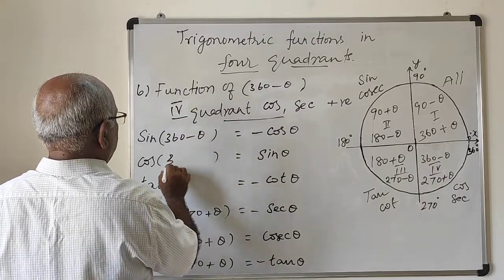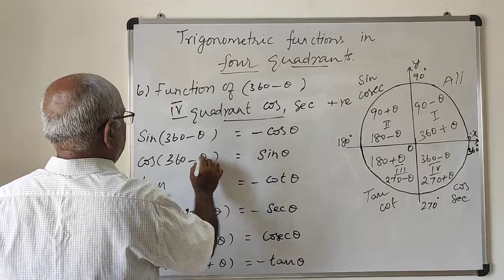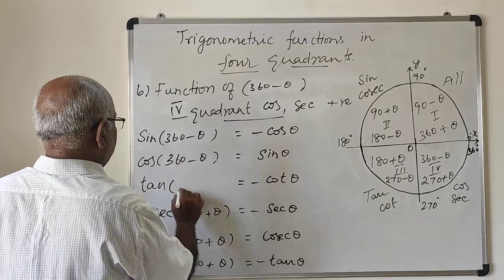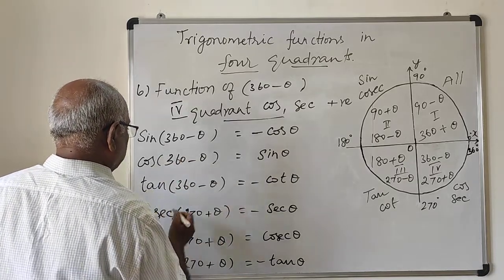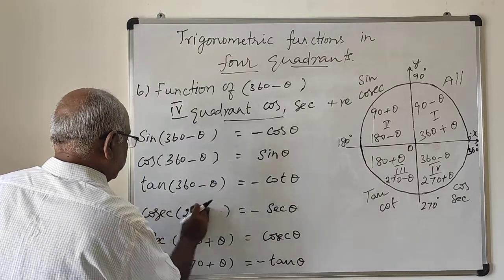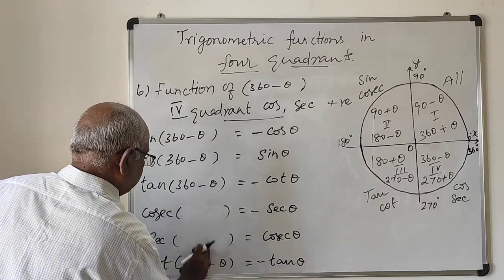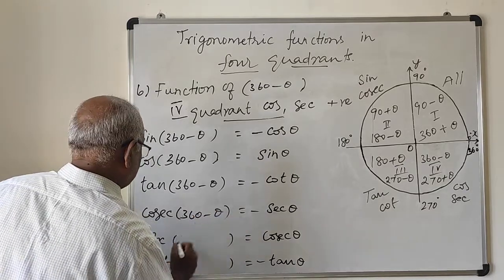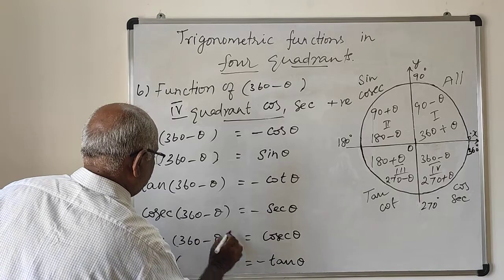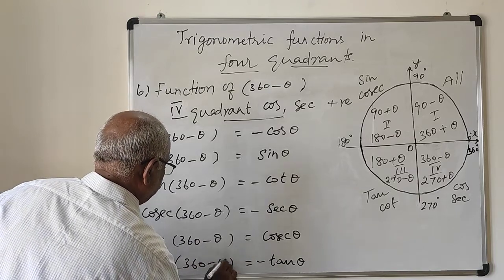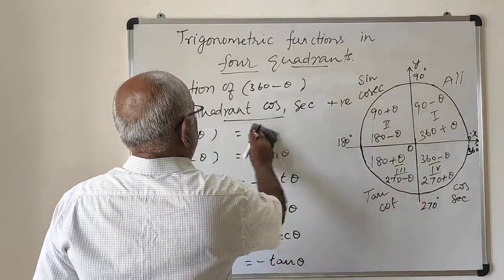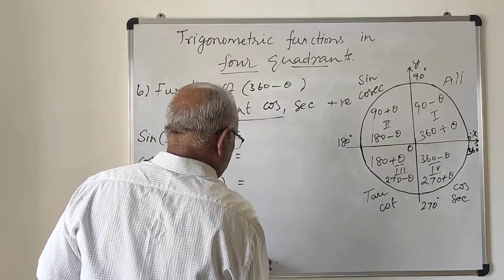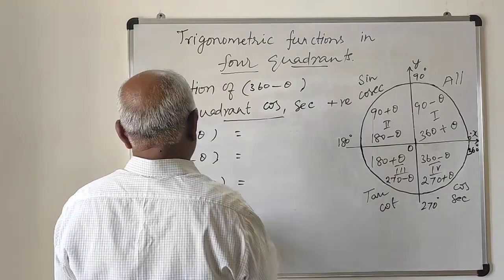Sin 360 minus theta, cos 360 minus theta, tan 360 minus theta, cosecant 360 minus theta, secant 360 minus theta, and cot 360 minus theta. See, 360 minus is also in the fourth quadrant. In the fourth quadrant cos and secant are positive, but 360 will not change the ratios.